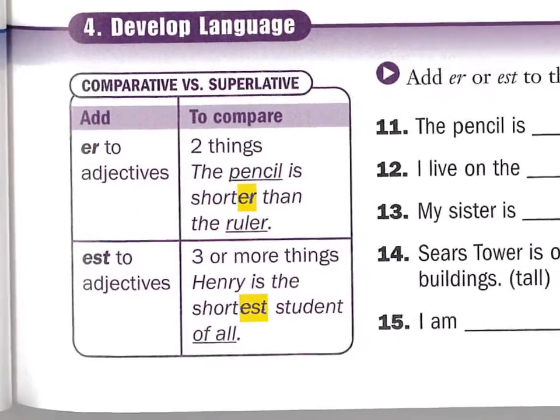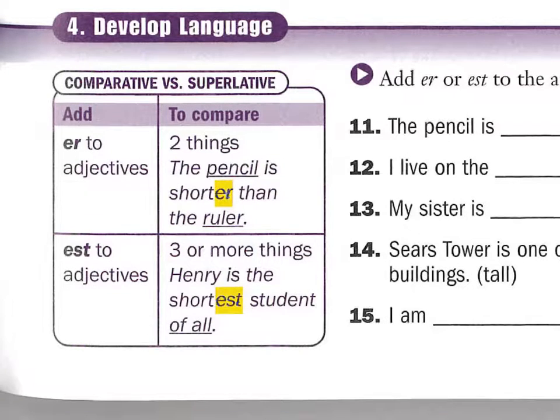Additionally, within the sentences, we're going to be practicing using the comparative and the superlative forms of the adjective, adding er, the comparative, to compare two things. The pencil is shorter than the ruler, and using est to compare three or more things. Henry is the shortest student of all.